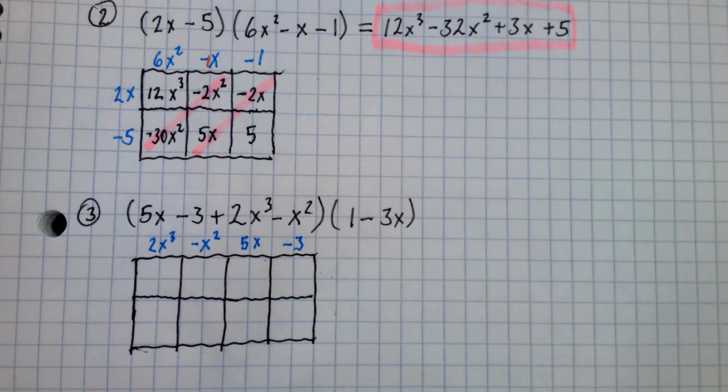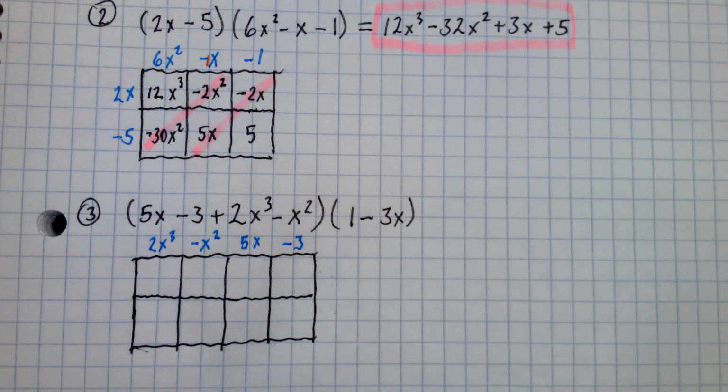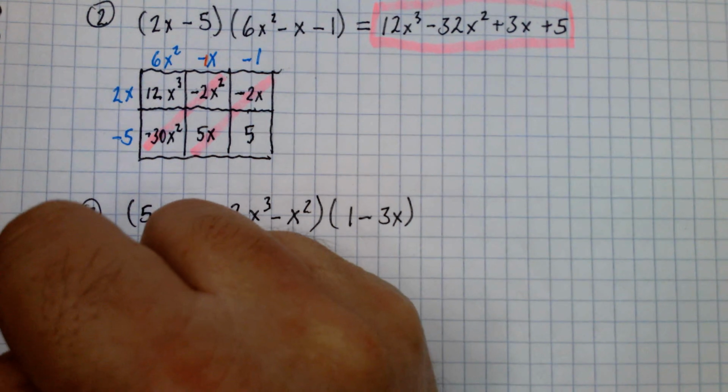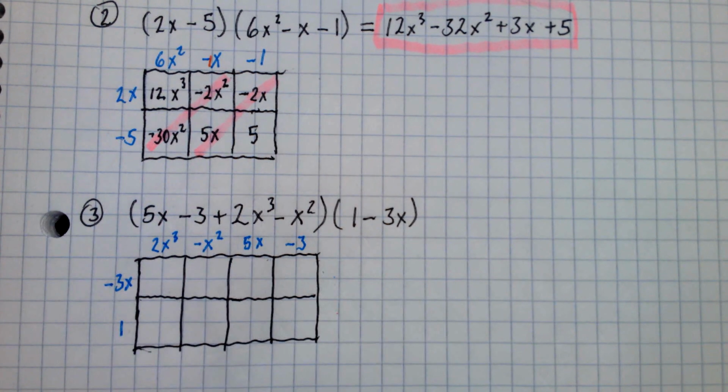And so keeping that in mind, what are we going to put here first? 1 or minus 3x? Minus 3x. And then the positive one goes here. Okay? Any questions? So if it's all scrambled up, make sure you put it in that way.